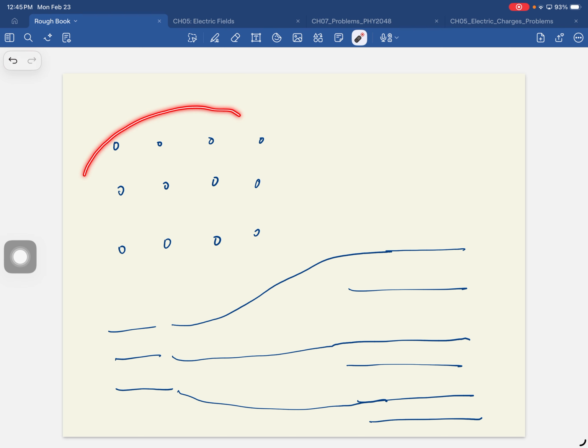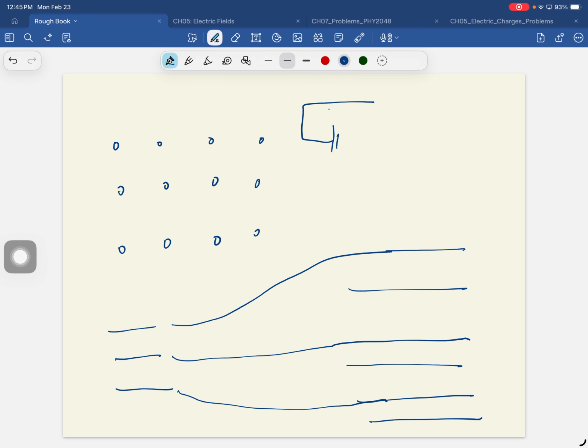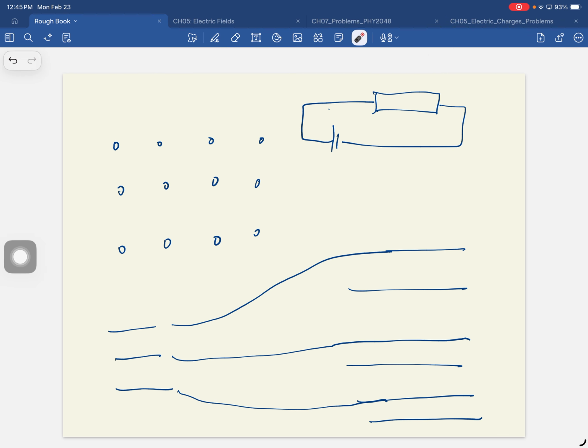For this material to be electrically conducting, meaning if you connect a battery to it, for it to conduct electricity, this band, which is called the conduction band, needs to be partially full.